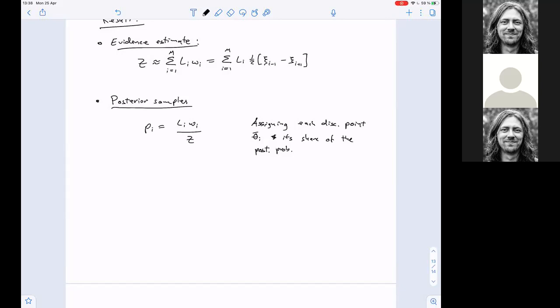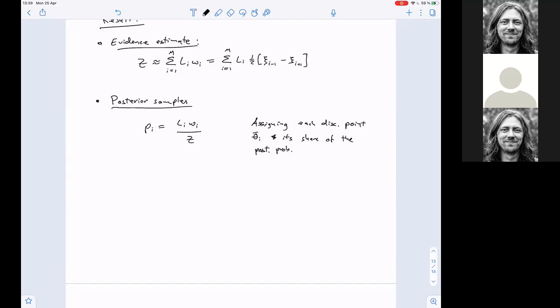The reason for doing that is just that sometimes it's easier to have a file of samples where all the samples carry the same weight, and they're distributed according to the posterior, so I can just make histograms. If you do a histogram in NumPy, for instance, you don't necessarily want to always keep a list of samples and a list of corresponding weights, and tell NumPy histogram these samples, but keep in mind that each sample comes with a weight.